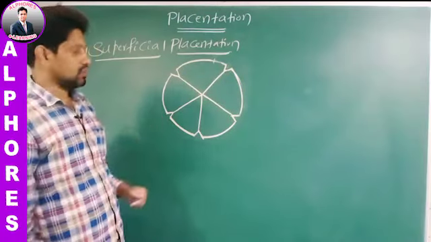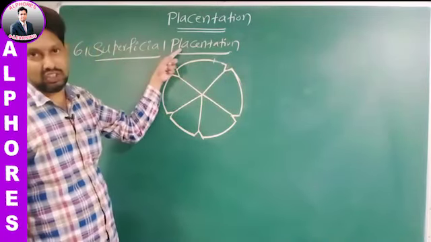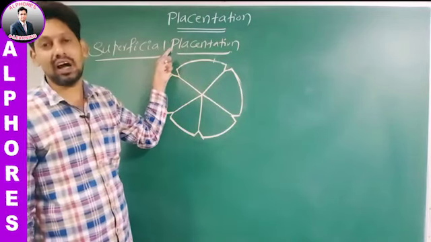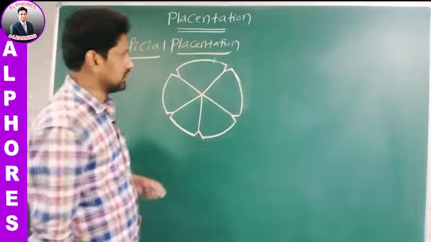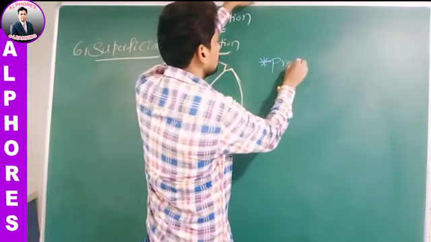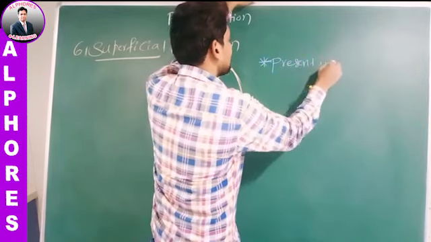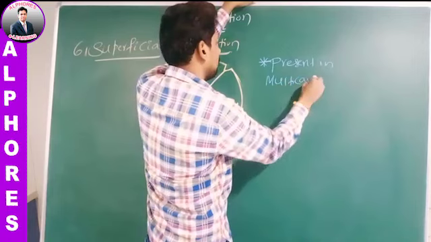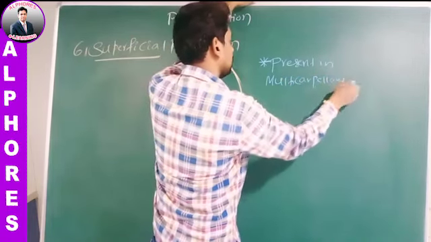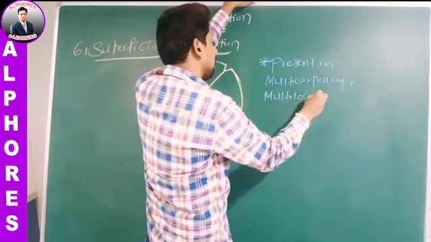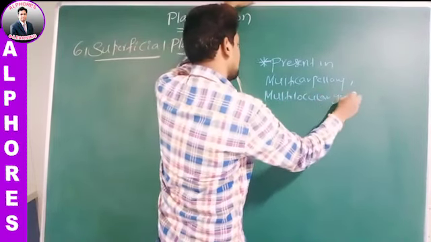Go for the last one. What is superficial placentation? It is shown by a gynoecium which is multicarpellary and multilocular. Present in a multicarpellary, multilocular gynoecium.